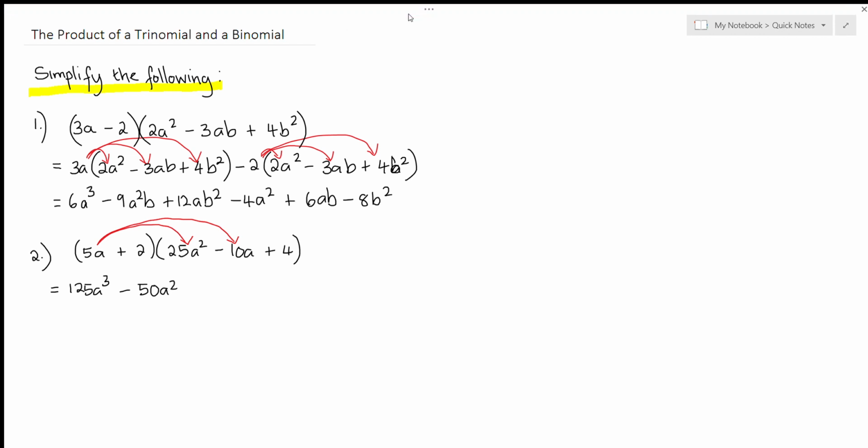And then the next one would be 5a times 4. That would give me 20a.